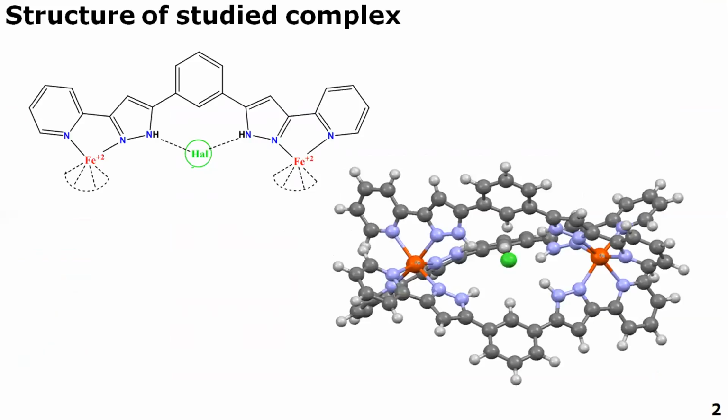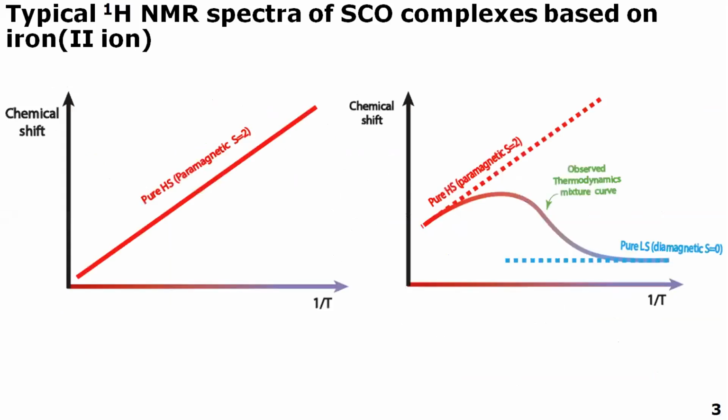As you can see, in addition to the ligands, it contains two iron atoms and an encapsulated bromine or chlorine anion inside. Usually for pure high-spin state iron-iron in NMR spectra, we observe linear dependence of chemical shift from inverse temperature as a result of Curie behavior.